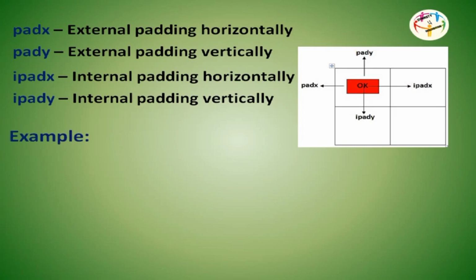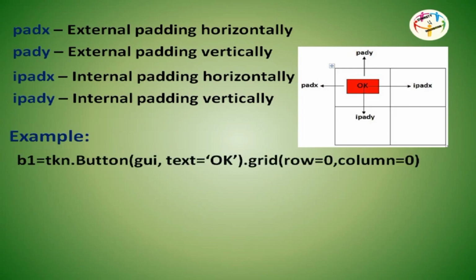Now how can we declare or use this grid layout? Normally there are 2 syntaxes. In the first syntax we can write the grid layout in a single line, like b1 equal to tkin dot Button, declaring a button, and then dot grid row 0 column 0.